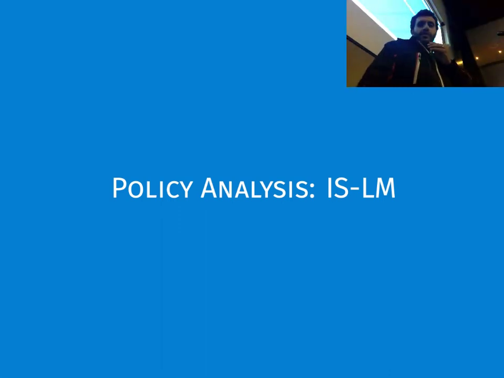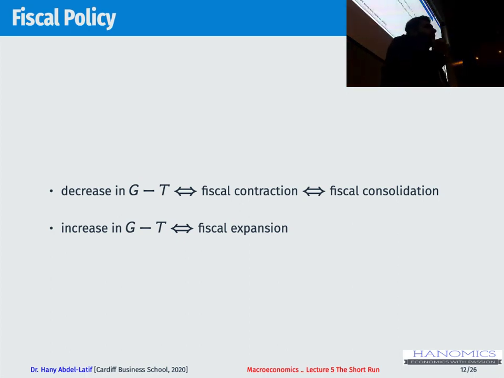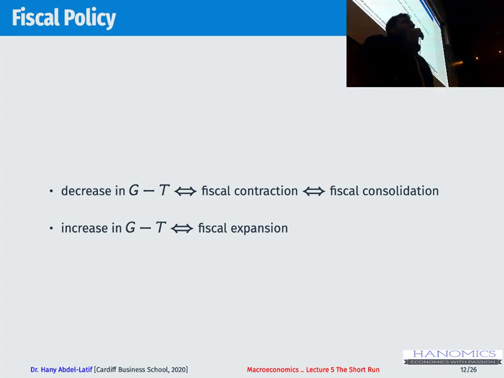So let's start with a reminder of what we mean by fiscal policy and monetary policy. Fiscal contraction, or a contractionary policy, means G minus T should decrease, where G is government spending and T is taxes.